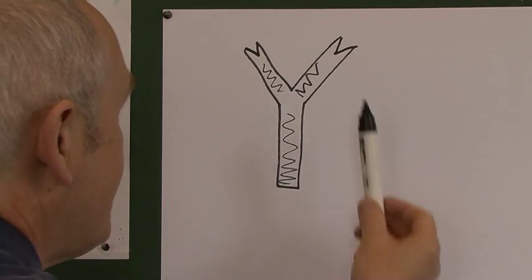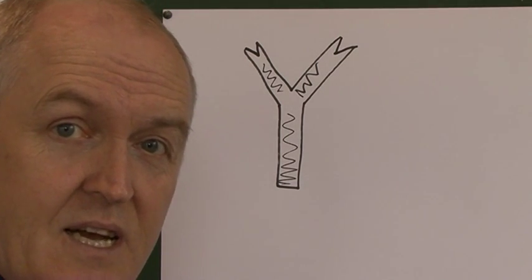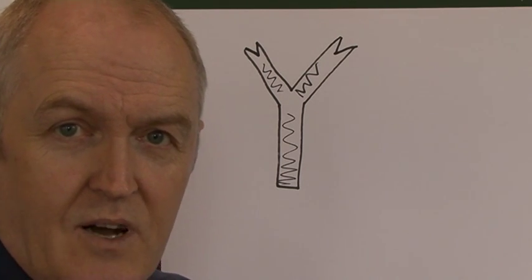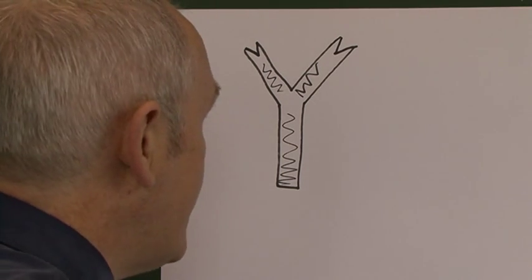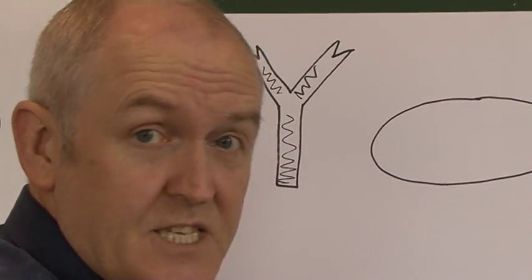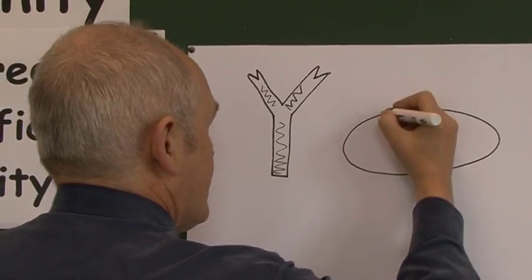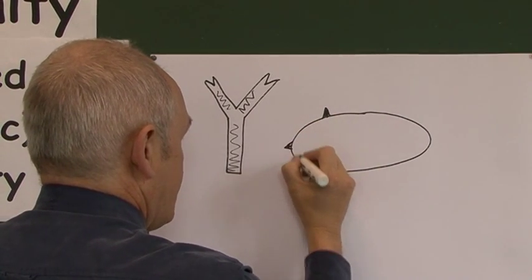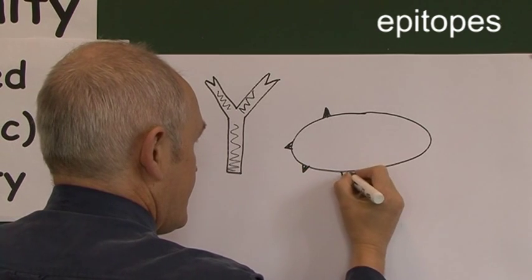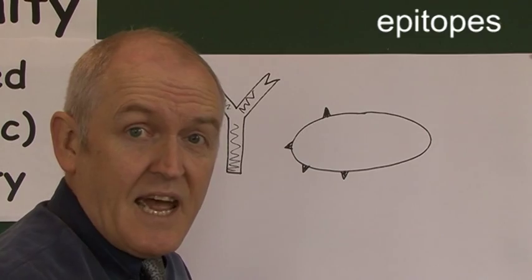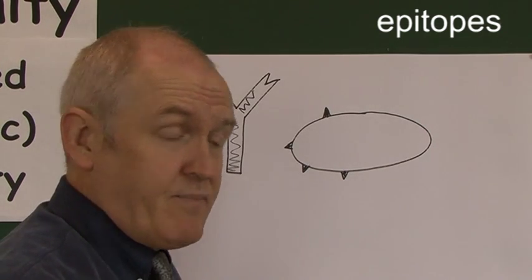Now, the reason that the antibody is this particular shape is so it can interact with what is called an epitope on an antigen. So here we have an antigen, it could be a virus or a bacteria, and we see that this particular bacteria has epitopes on its surface which are triangular shaped. These are actually proteins expressed on the surface of the bacteria.